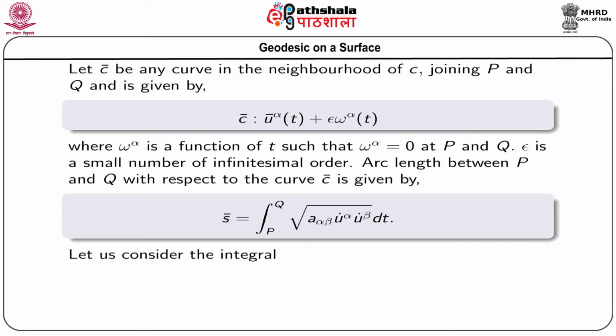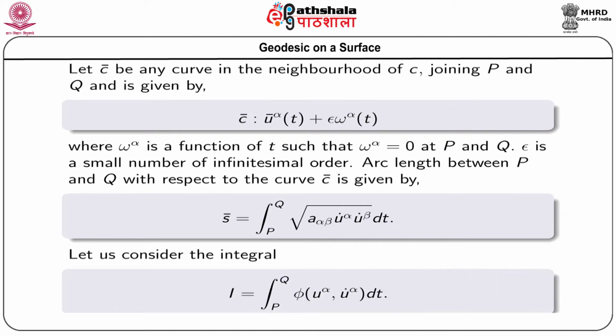Let us consider the integral I equals the integral from P to Q of phi of u alpha and u dot alpha dt. So, we are considering the integrand with two variables u alpha and u dot alpha.